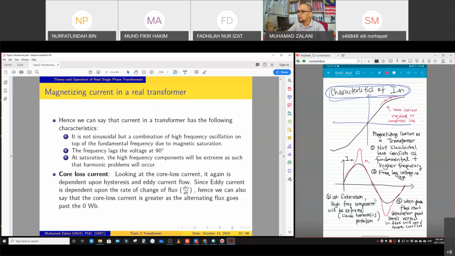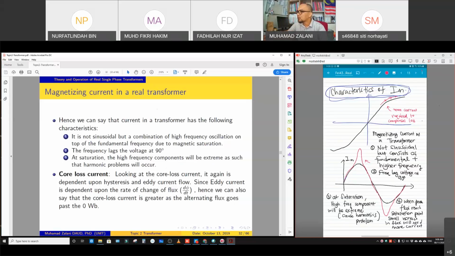So number 3, at saturation, high frequency component will be extreme. So this is high frequency components of the magnetizing current during the saturation. Yes, during the saturation, the high frequency component will be extreme, which is at this part, which is much more high frequency compared to the other parts of the curve here, right?